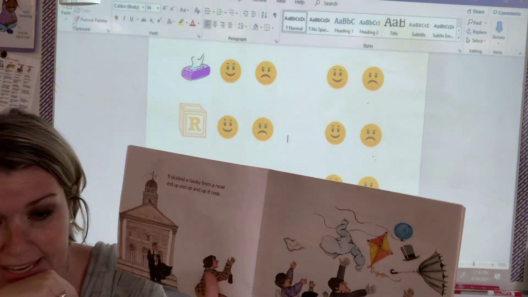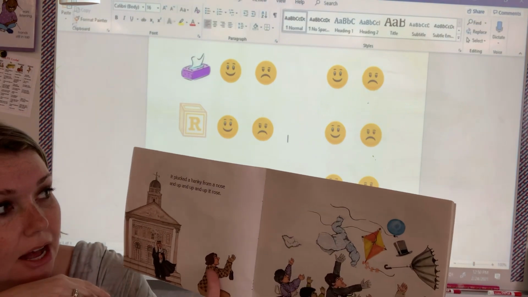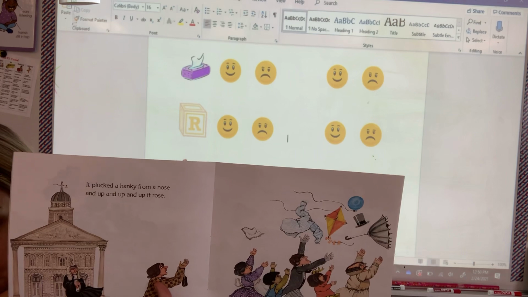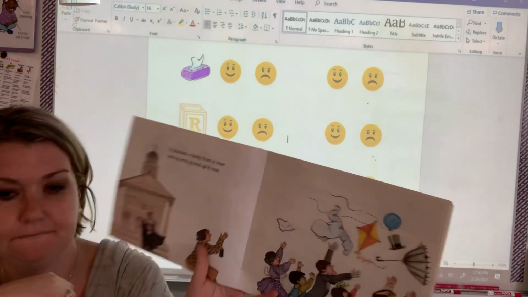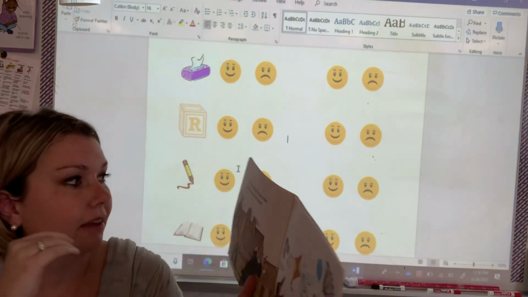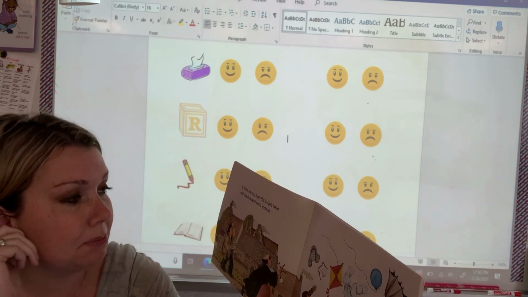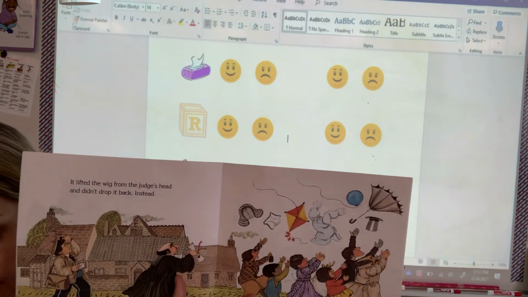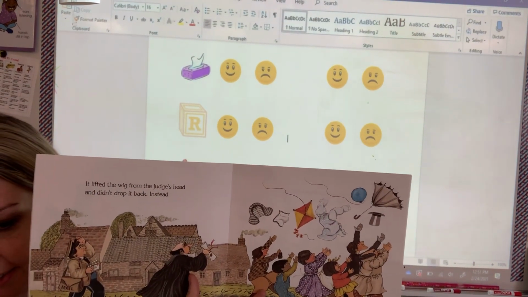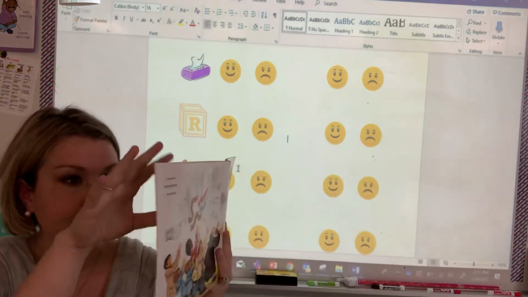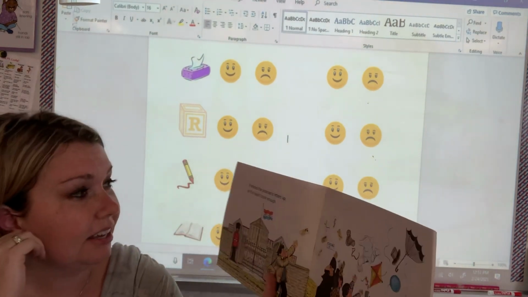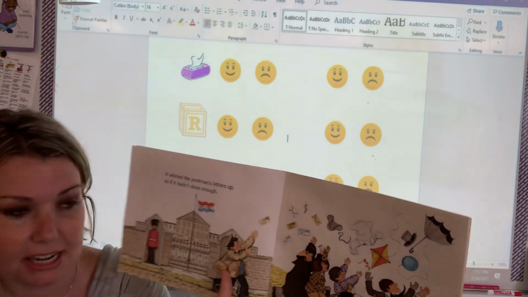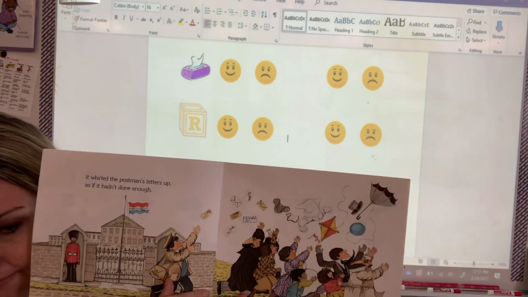It plucked a hanky from a nose, and up and up and up it rose. It lifted the wig from the judge's head and didn't drop it back. Instead, it whirled the postman's letters up as if it hadn't done enough.